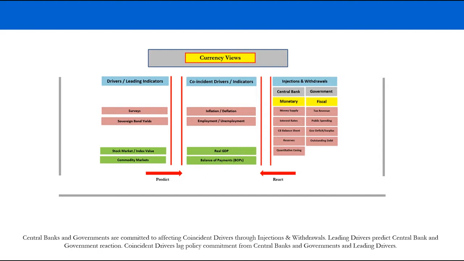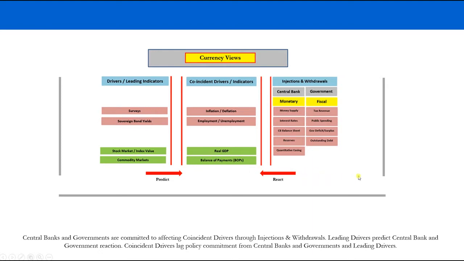And don't forget, central banks and governments are committed to affecting the coincident drivers here through injections and withdrawals. And the leading drivers predict what the central bank and government's reaction is most likely to be. And coincident drivers lag policy commitment from central banks and governments and the leading drivers. So we have prediction coming in from this side, from our leading indicators.